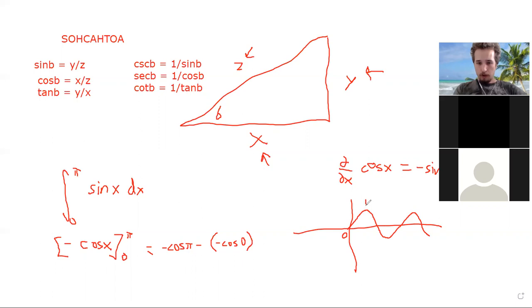This is 1 here at pi over 2. This is -1. Let me erase this. So this is a graph of sine. So this is pi over 2. This is pi.